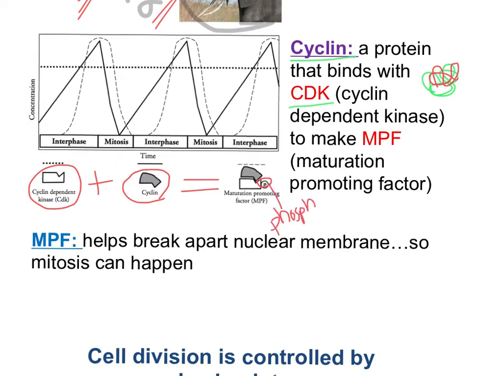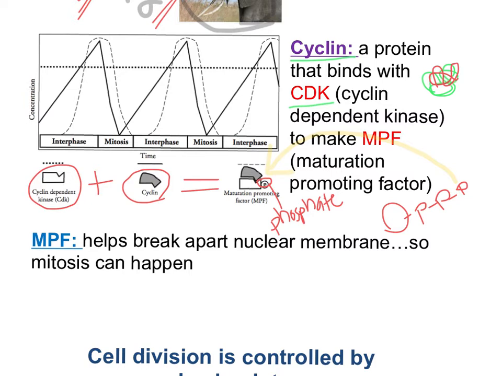And if you remember back to cellular respiration, a little molecule of ATP has 3 phosphates on it. And the way that that molecule of ATP gives the cell energy is by donating or giving a phosphate to a protein.